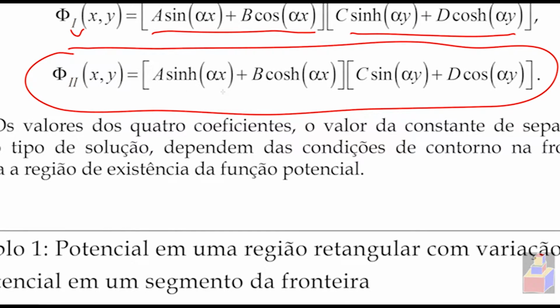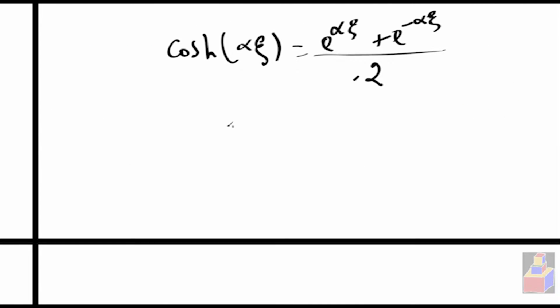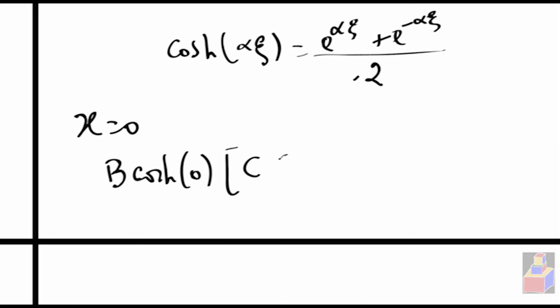Please try using it. I'm going to make an exercise quickly here. Let's try to see if it works. So let's try type 2 for that problem. At x equals 0, this function is 0. We have a sine, which is 0. It's going to be b times the hyperbolic cosine of 0, which is 1.